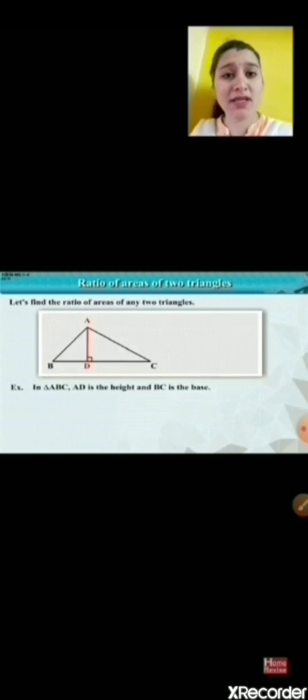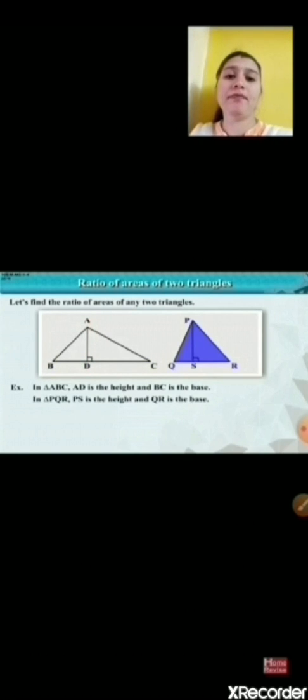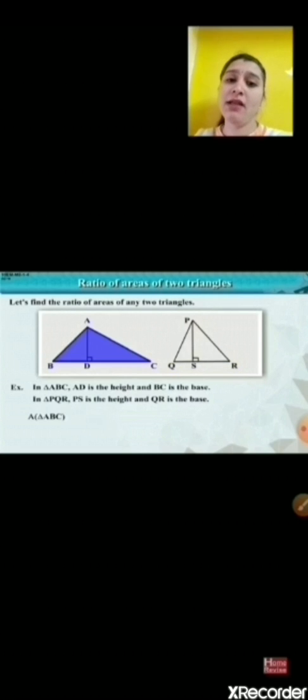Let us find the ratio of area of two triangles. Here there are two triangles, triangle ABC and triangle PQR. AD is the height of the first and BC is the base. Then for the other, PS is the height and QR is the base.